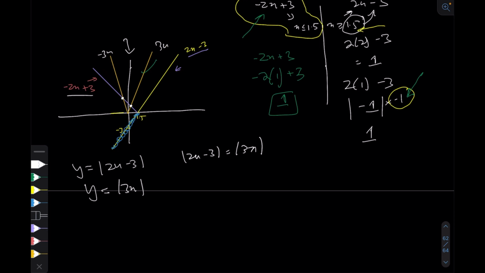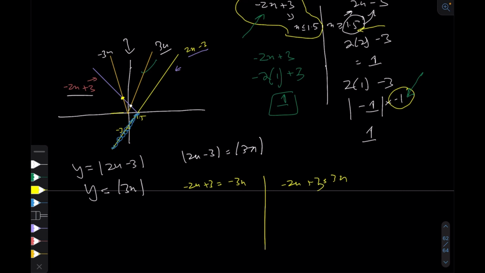I find this point by equating negative 2x plus 3 to 3x, and then I find this point by equating negative 2x plus 3 to negative 3x.